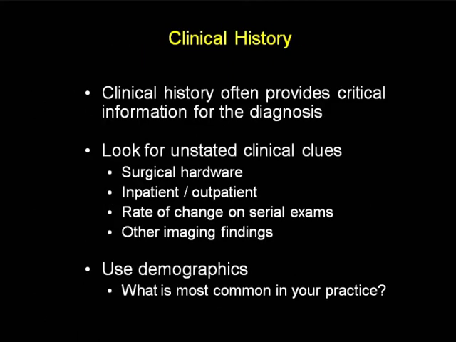Clinical history often provides the key information to make a diagnosis, so look for unstated clinical clues like surgical hardware, is the patient an inpatient or outpatient, rate of change on exams, and other imaging findings that might help you to determine the etiology. And then lastly, use demographics as necessary.